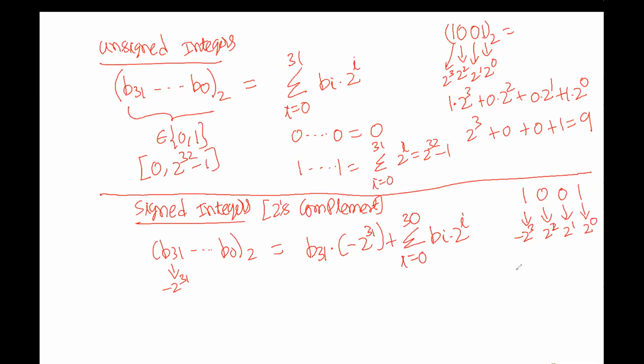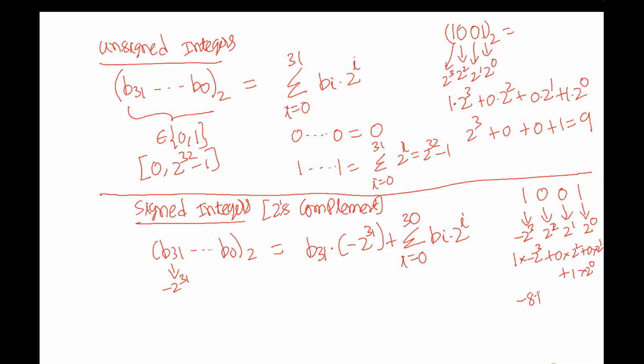So the value of this number is, I'll make my life simple, 1 times minus 2 cube plus 0 times 2 square plus 0 times 2 power 1 plus 1 times 2 power 0.